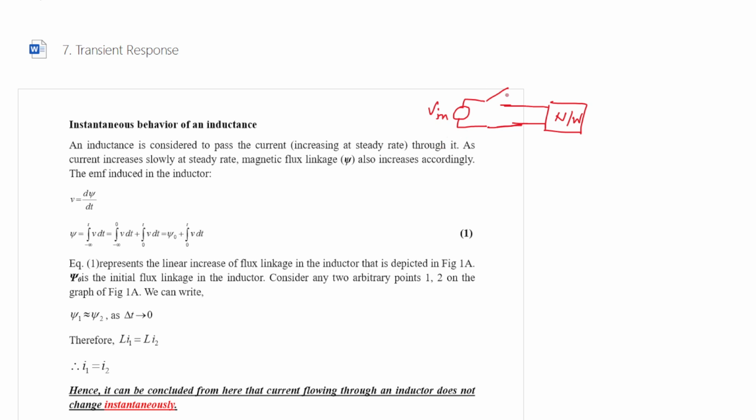Now, this is a switch, right? The moment I make it closed, that means the switch is closed, you see the current starts to flow. Some current will start to flow.